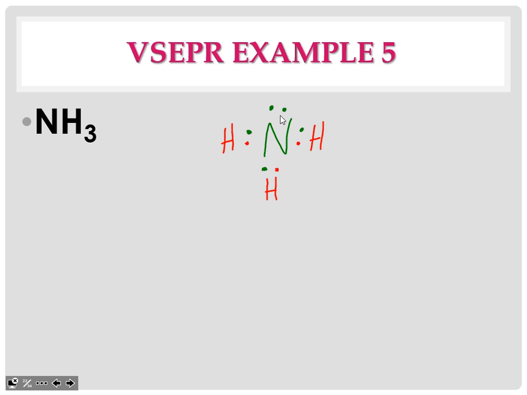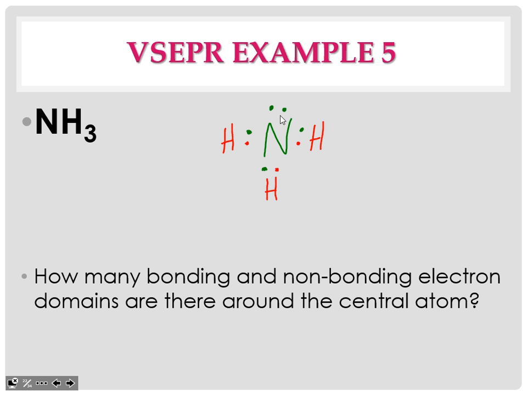How many bonding? 3. So what does 3 and 1 tell me? Trigonal pyramidal, right? Trigonal pyramidal.